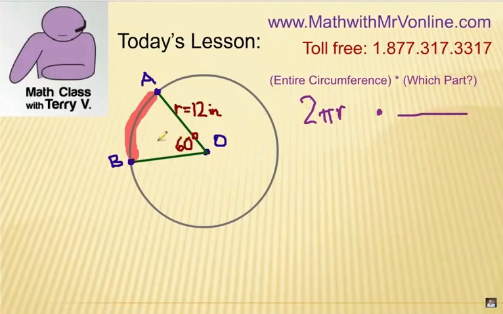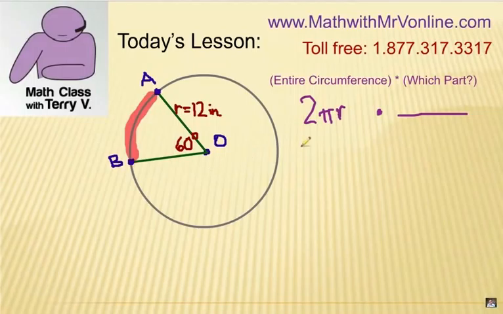Now, if we're going to only go, say, halfway around, that's 180 degrees, but we would take the entire circumference and divide it by 2, or multiply by 1/2. Let's say we're going to go 1/3 of the way around the circle, so it's going to be 1/3 of the circumference, and so on. That's the basic idea, right?